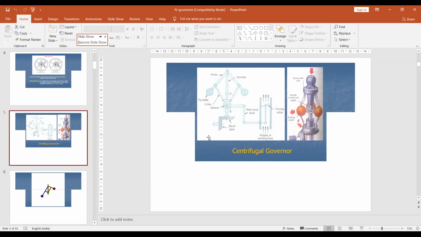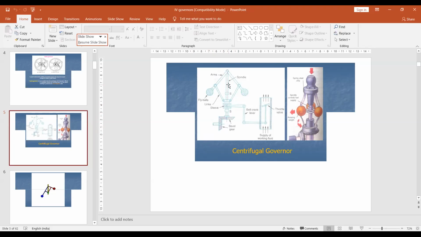All of you observe that it starts with the motion from the bevel gear. The bevel gear is the input drive. When the bevel gear transmits the motion to the spindle, the spindle revolves with the help of the bevel gear.